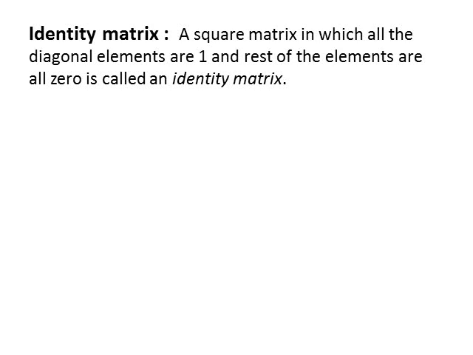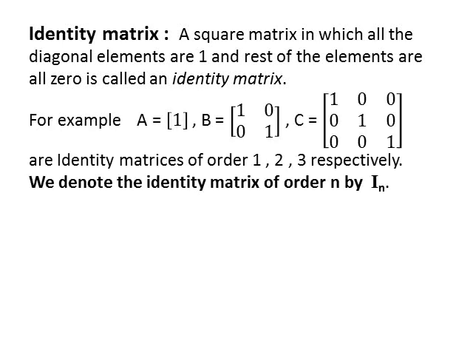Next is identity matrix. A square matrix in which all the diagonal elements are 1 and rest of the elements are all 0 is called an identity matrix. Or we can say identity matrix is a diagonal matrix in which all the diagonal elements are equal to 1.